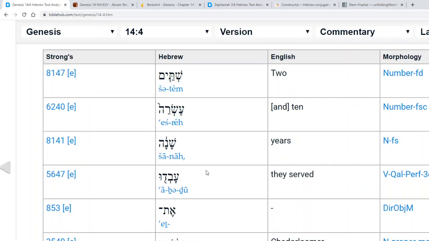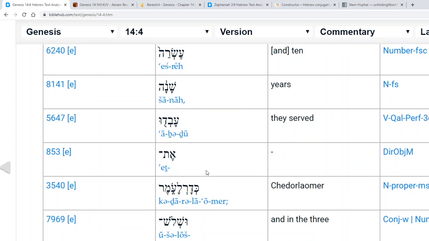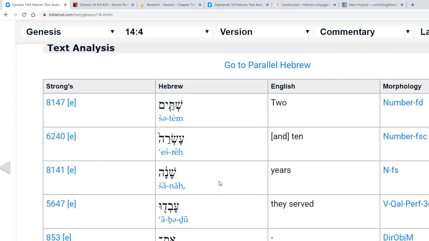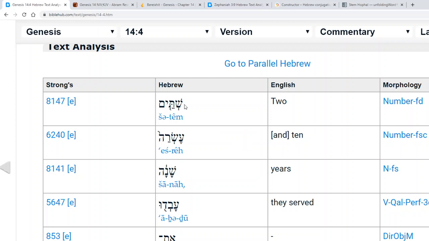Shtem esre shana avdu et Kedar Laomer, ushlosh esre shana maradu. Interesting. Okay. So shtaim is 2, shtem esre, right? So shtaim and esre is kind of 2 and 12, but shtem esre is actually, let's say in the construct form, 12. Right? Shtem esre shana, 12 years.